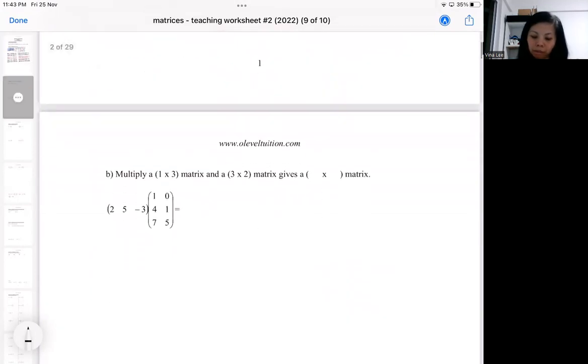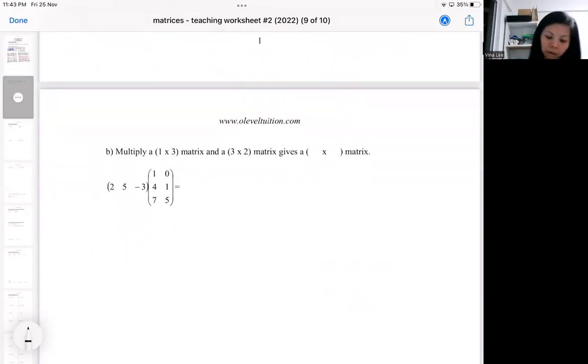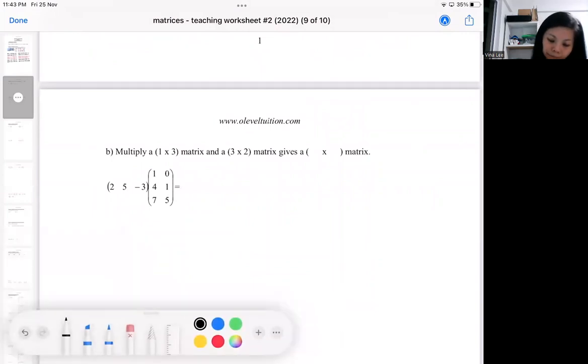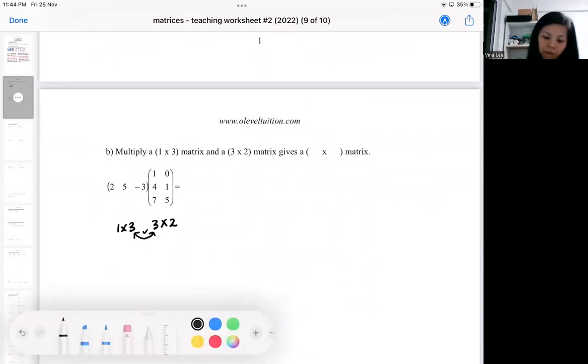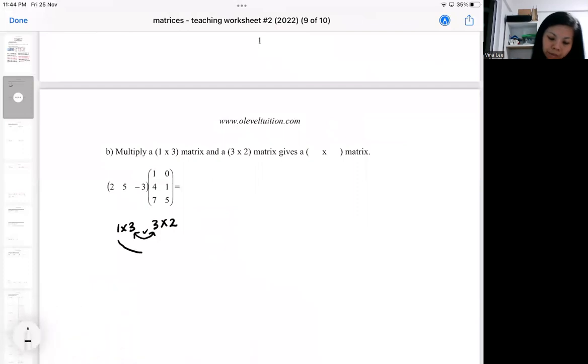So the next one is a 1 times 3 matrix. And this is a 3 times 2 matrix. So again, this is how you check. You check the column and the rows of the second matrix. So once it matches, right, this will be the result.